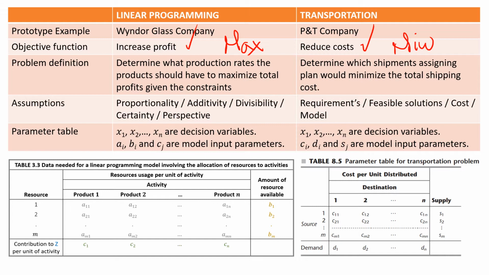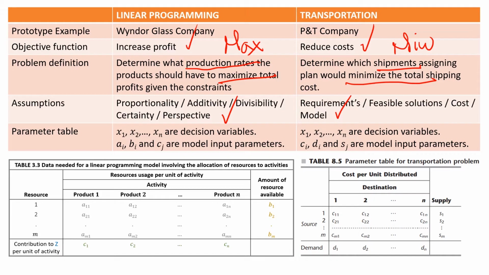The problem definition for Wyndor Glass is to determine the production rates where we can maximize our total profit. Here, we want to determine the shipments that will let us minimize the total shipping cost. In Wyndor Glass, in linear programming, we have 5 assumptions. In transportation, we have 4 assumptions.